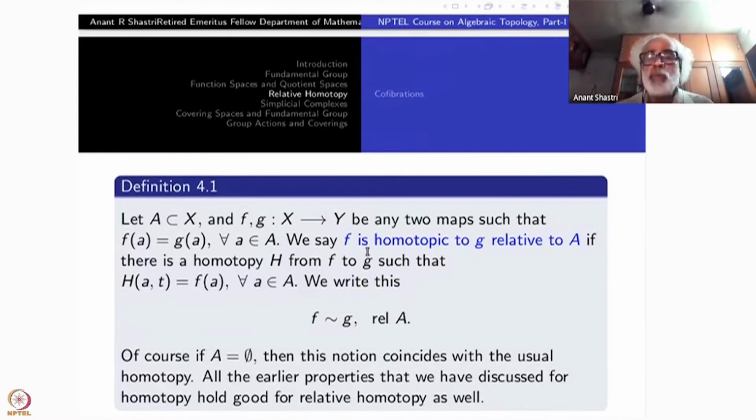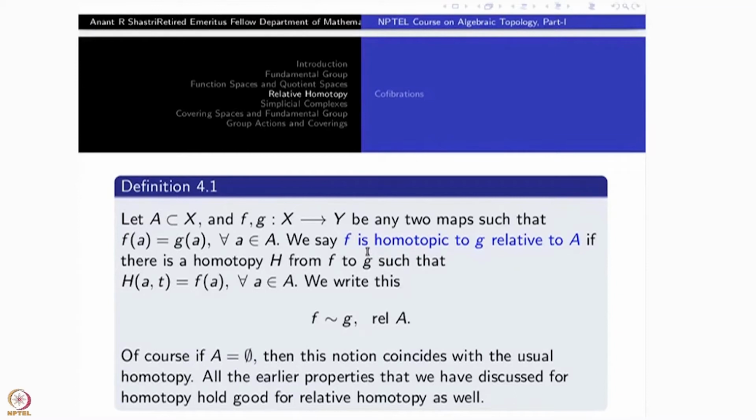Then we say F is homotopic to G relative to A if there is a homotopy H from F to G such that H(a, t) is F(a) for every a in A. We write this as F is homotopic to G relative to A. The simplest notation for the most useful concept.